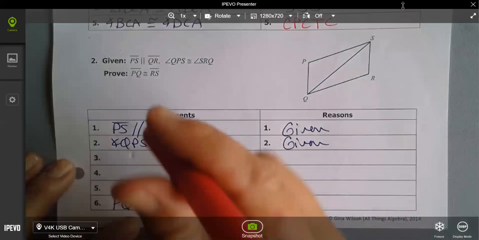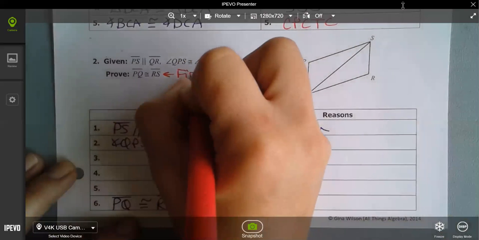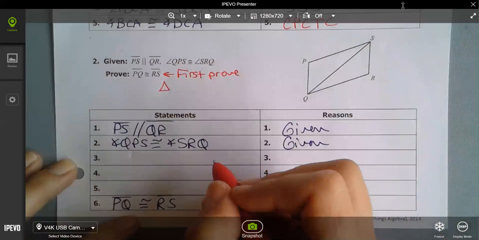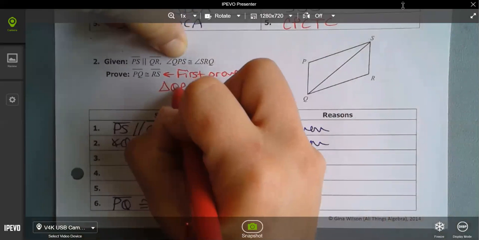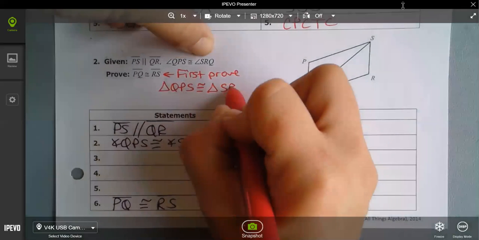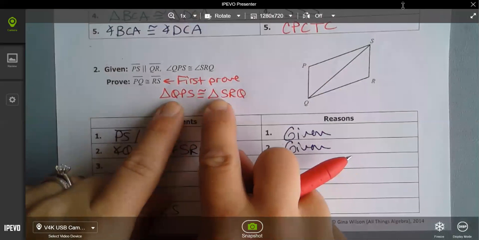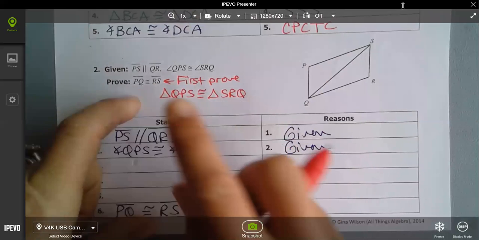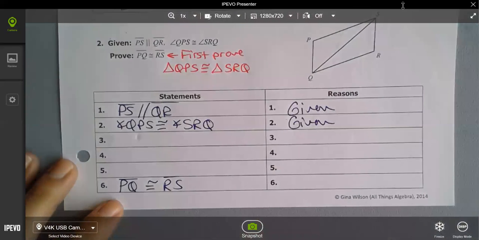So because these are sides, which are parts, I have to first prove that my triangle, and I'm just going to borrow the order of these letters right here, that triangle QPS is congruent to triangle SRQ. I have to say the triangles are congruent, and once I do, then I can say that their parts are congruent.